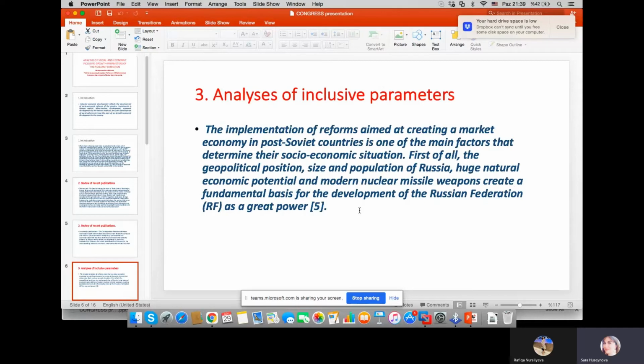The implementation of reforms aimed at creating a market economy in post-Soviet countries is one of the main factors of the socio-economic situation. First of all, the geopolitical position, size, and population of Russia, huge natural economic potential, and modern nuclear missile weapons create a fundamental basis for development of the Russian Federation.